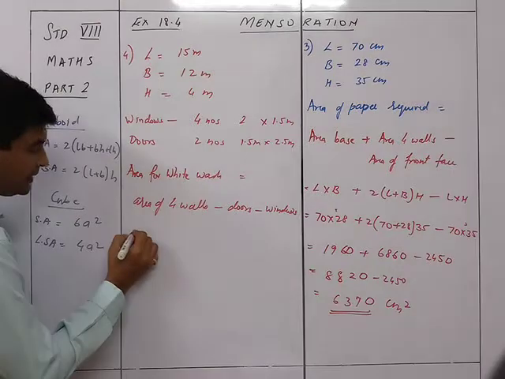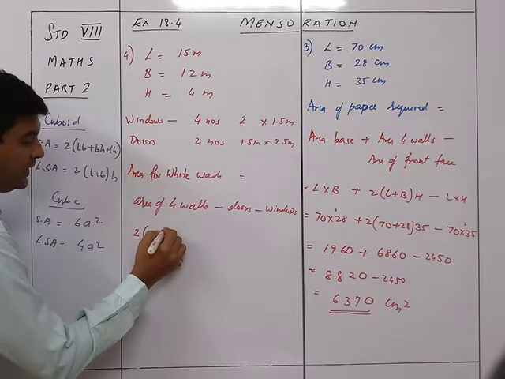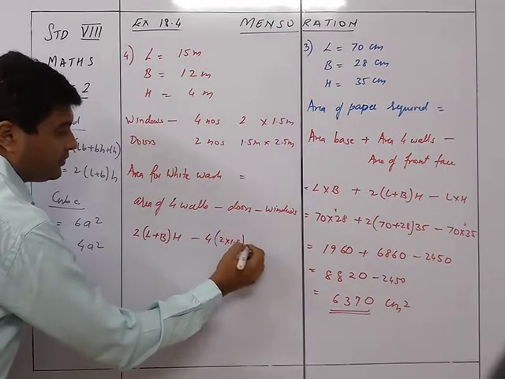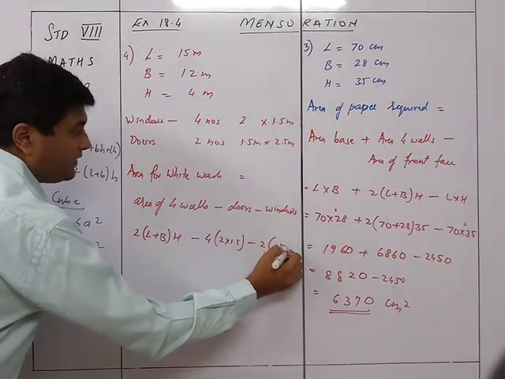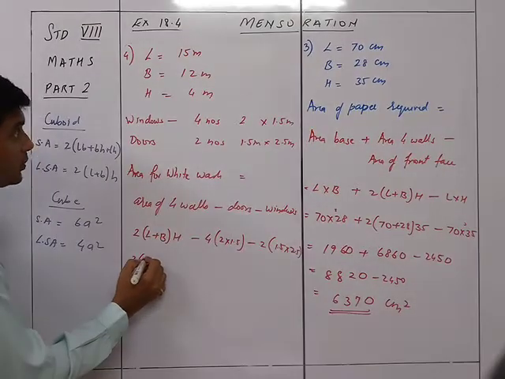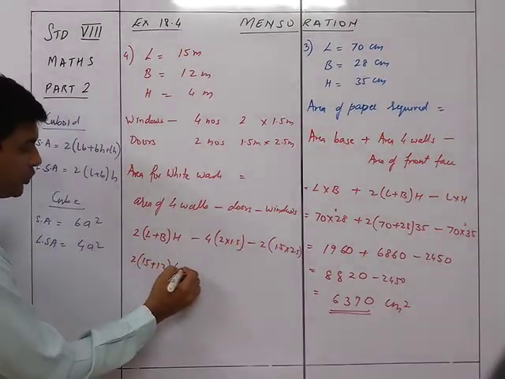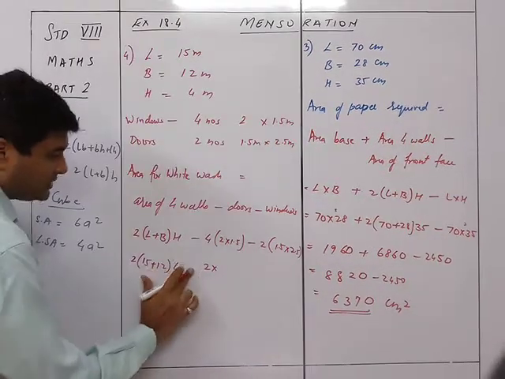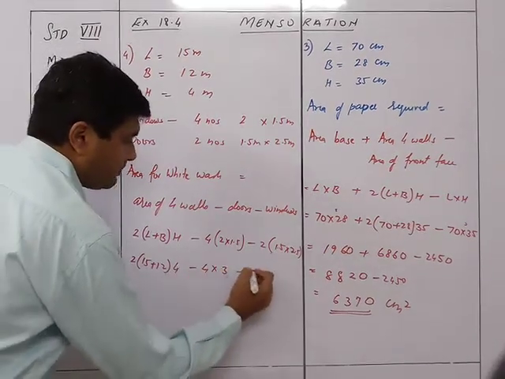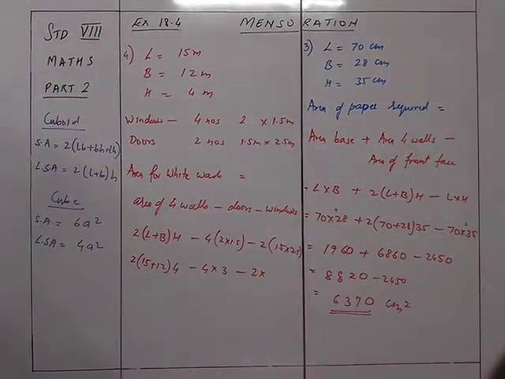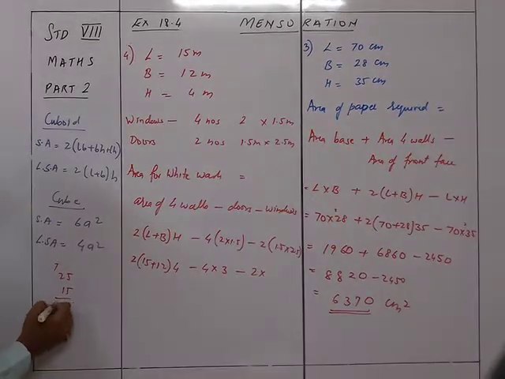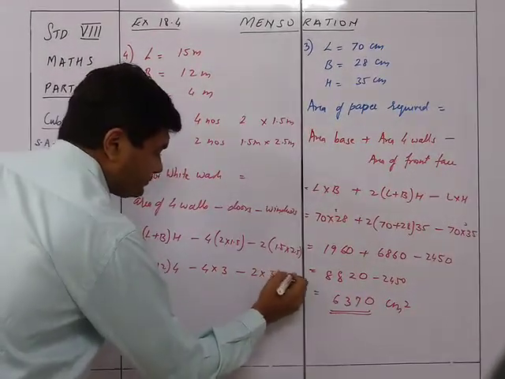So this is nothing but 2(L plus B) into H minus 4 times 2 into 1.5 minus 2 into 1.5 into 2.5. So this is 2 into (15 plus 12) into 4 minus 4 into 3 minus 2 into 3.75, since 25 into 15 is 375.